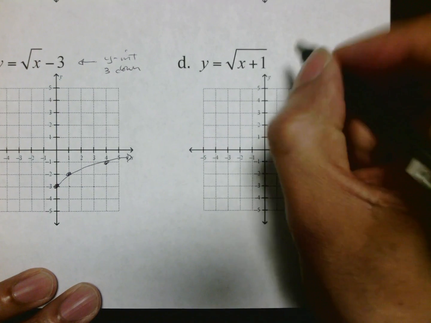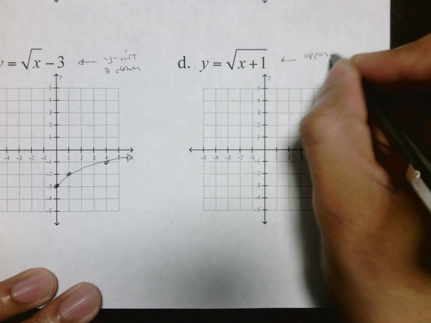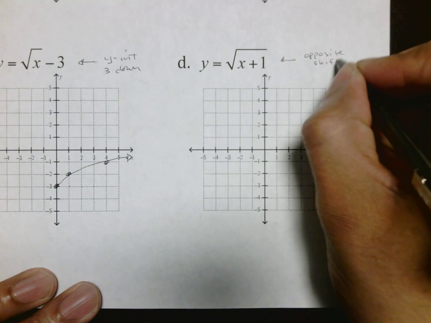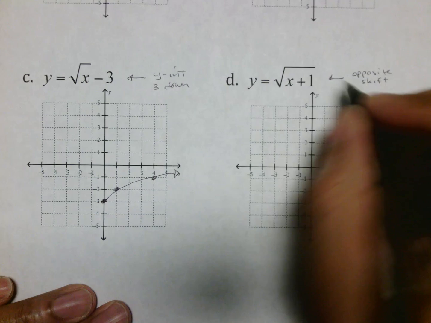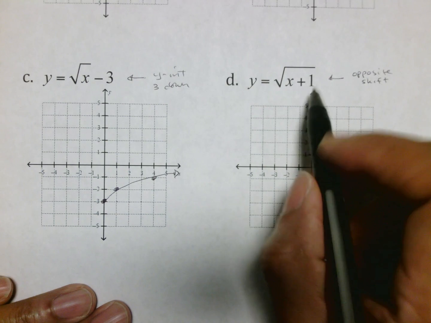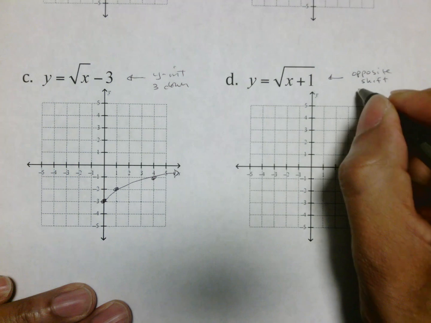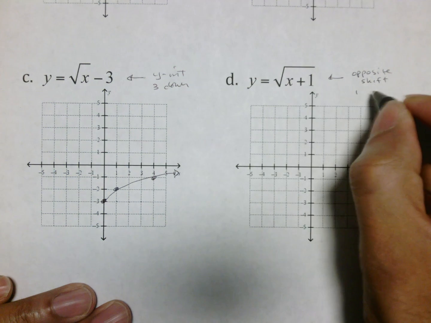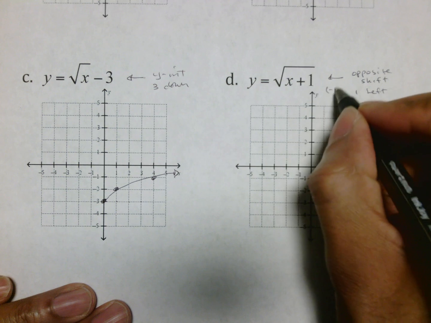This was different. Remember that this is an opposite shift. If you remember doing that from before, what this is telling me to do, the plus 1 is with the x, so it affects x, but remember, the plus 1 tells me not to go 1 right, but it tells me to go 1 left, because remember, we treat it like a negative 1.